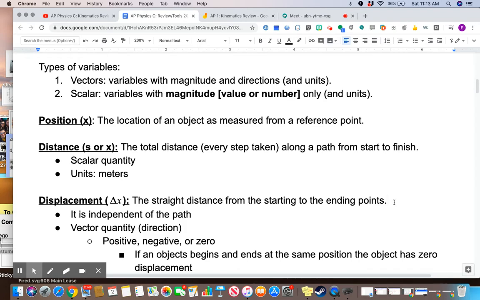So we don't consider the actual path of motion. We only examine the distance between where an object begins and where it ends its path. We don't look at the actual path, but we do label the direction of that displacement because displacement is a vector quantity.